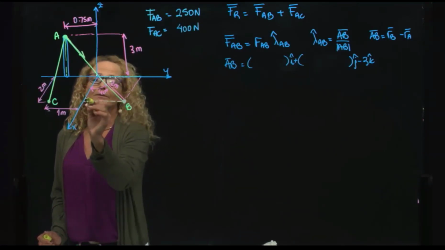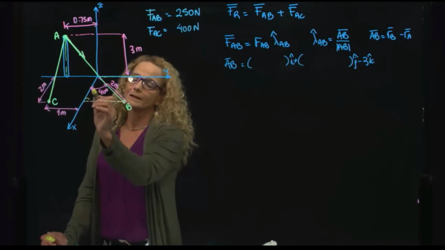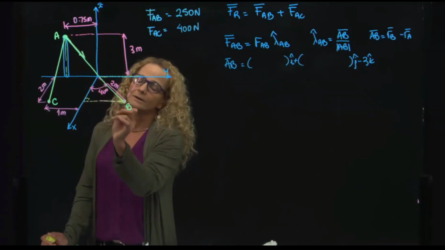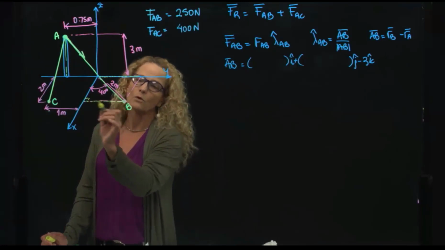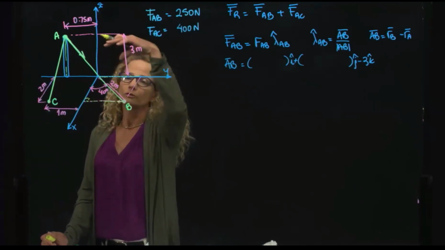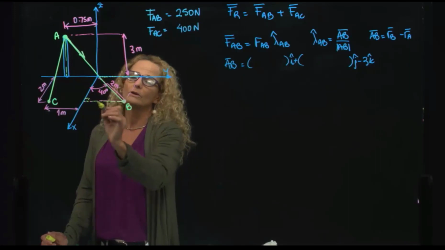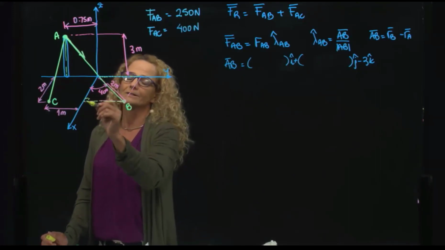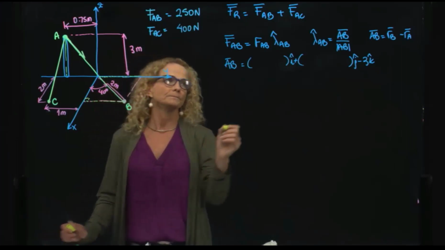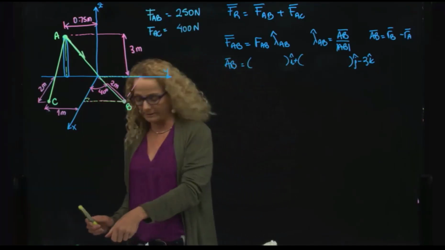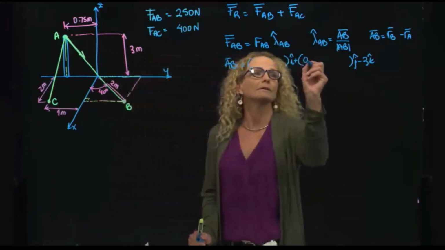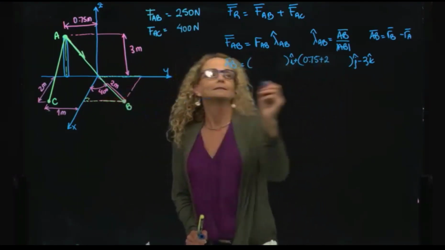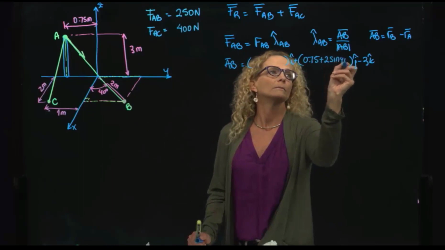As you see, this is a right triangle, so this distance will be the diagonal times the sine of 40, right? Looking from the top, this is a right triangle, and the sine is always the opposite and cosine is the adjacent. So finally we can write that this is 0.75 plus 2 sine of 40.